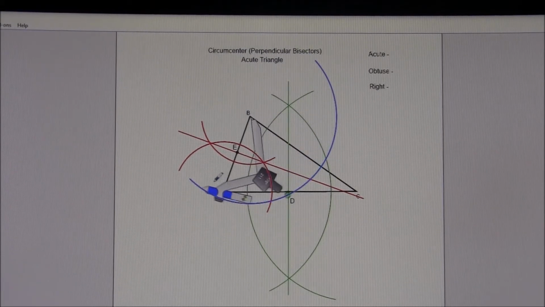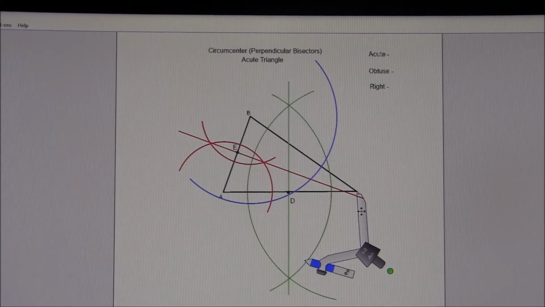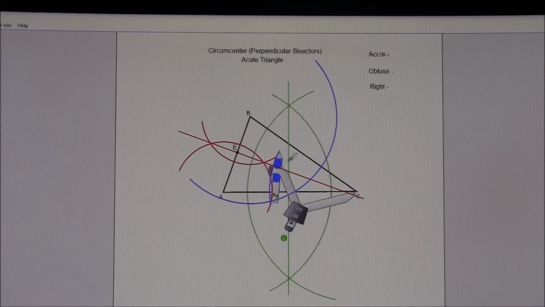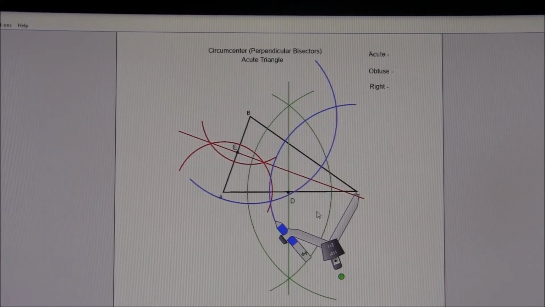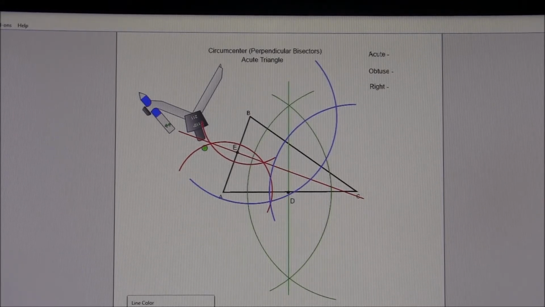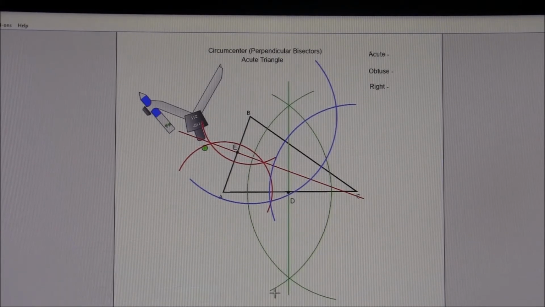And sometimes these can go outside the paper, so you gotta be careful with that. There it is. For B and C, it's these two points right here. Alright, let's see if we can get that.